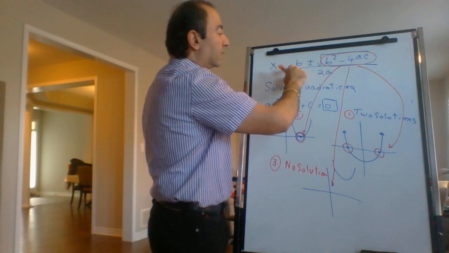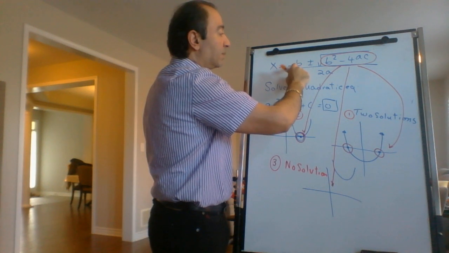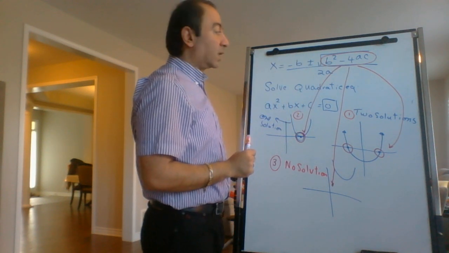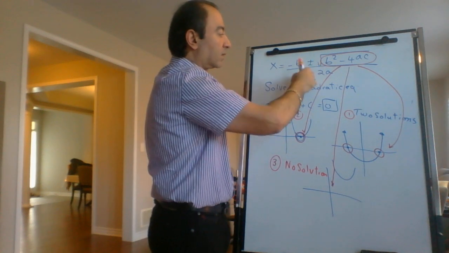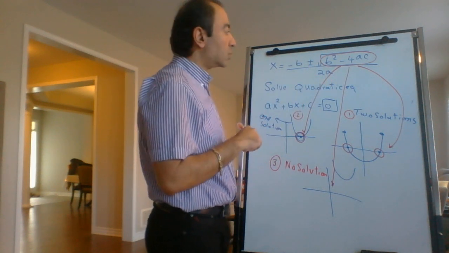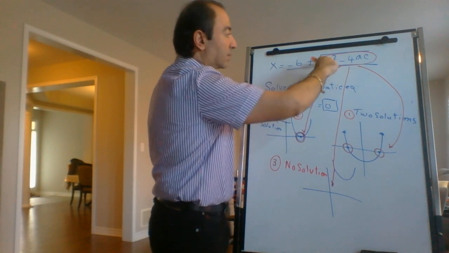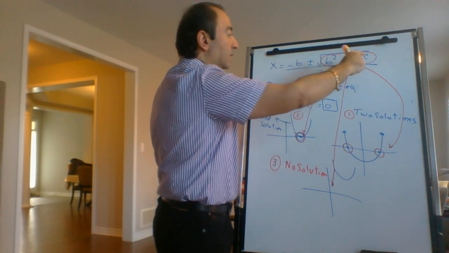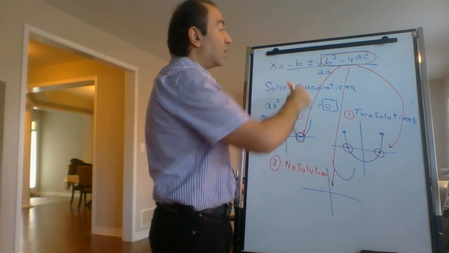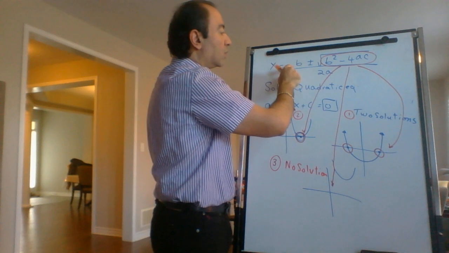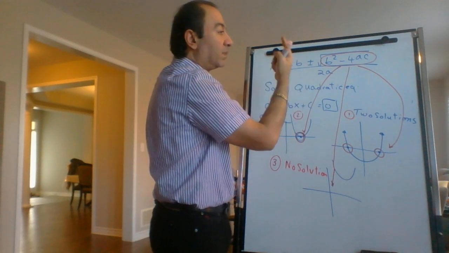square root, and then it will be negative b plus or minus that positive number we get, square root of that positive number, and that means we have two solutions. If this whole term I calculated, I substituted for b and a and c, and I found that this is 0, there is no plus or minus 0. So negative b over 2a will be one value.